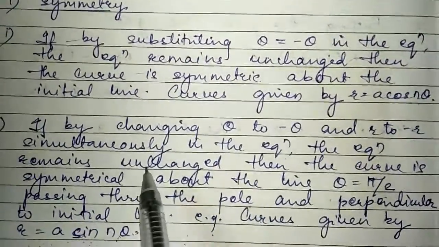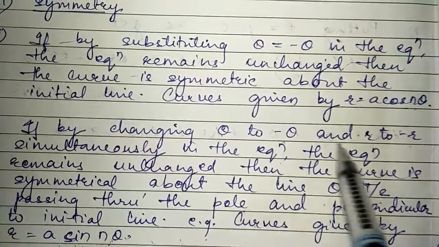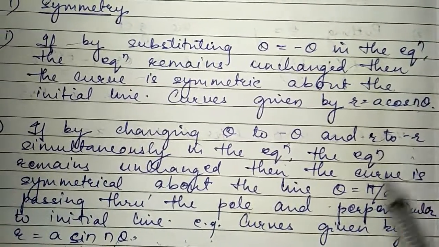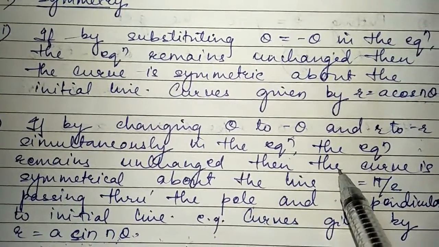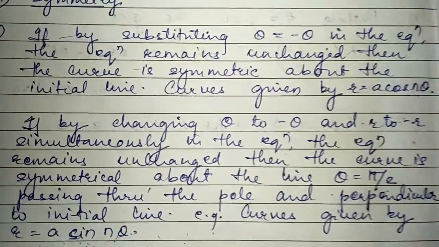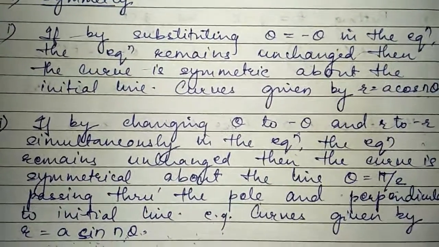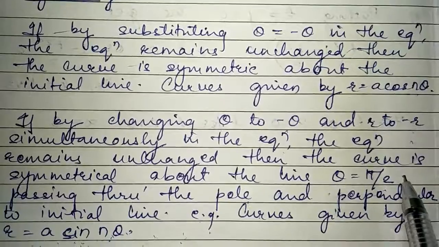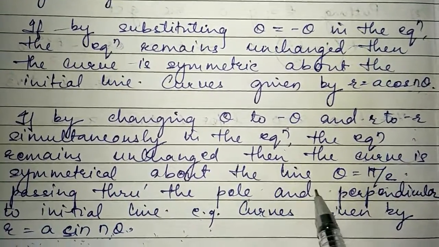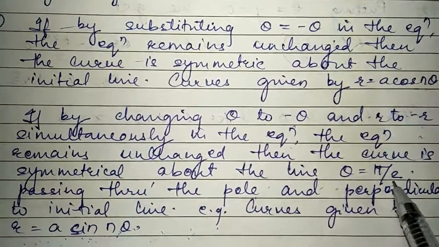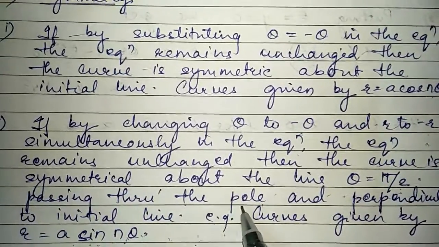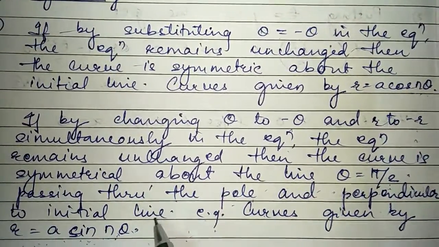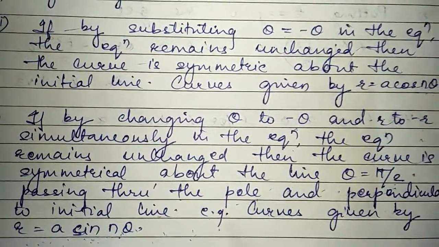Next, if we change theta to minus theta and r to minus r simultaneously in the equation of the curve, and if the equation of the curve remains unchanged, then we can say that the given curve is symmetrical about the line theta is equal to pi by 2, which passes through the pole and is perpendicular to the initial line.